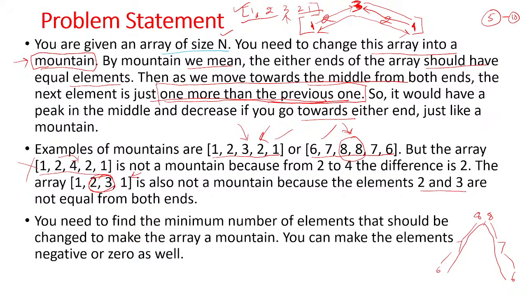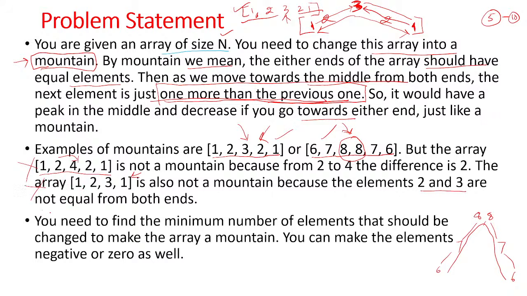They should be equal actually, but they are not equal here. Or you can also see that from 1 to 3 the difference is 2. From this end, it is okay: 1 to 2 increasing by 1, 2 to 3 increasing by 1, but 3 to 1 it is decreasing by 2. So that's why it is not a mountain array.